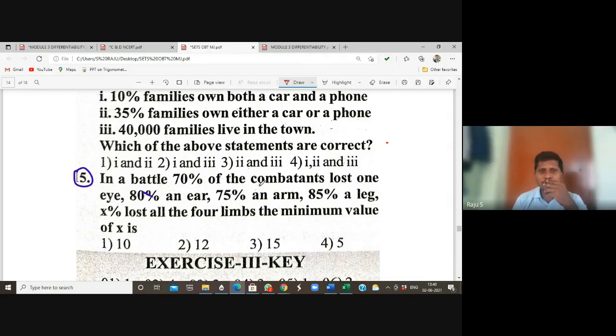That 70% of the combatants lost one eye, 80% an ear, 75% an arm, 85% a leg. X persons lost all the 4 limbs. The minimum value of X.